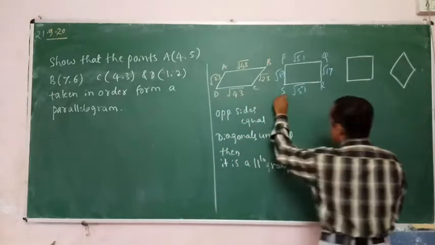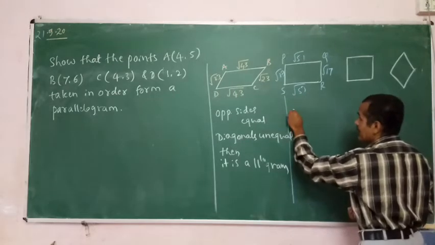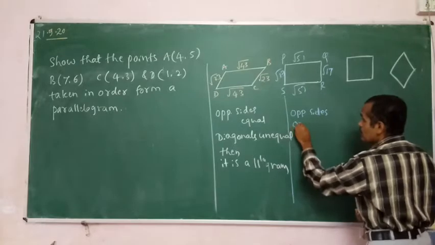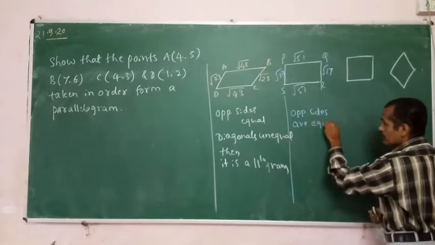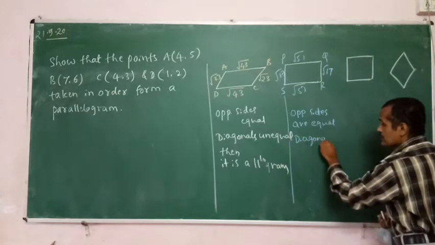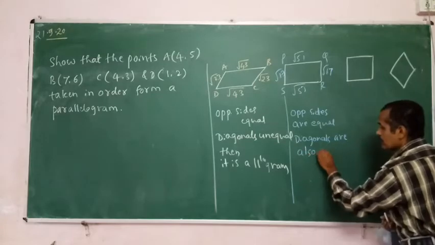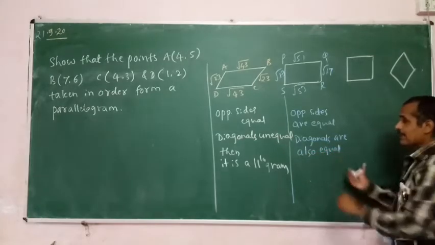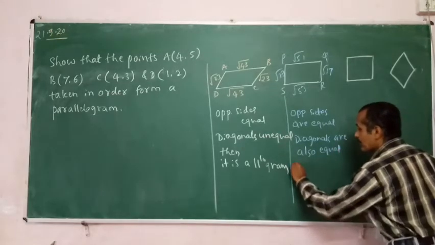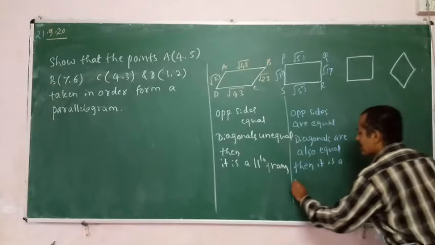If you come to rectangle, I can say opposite sides are equal, diagonals are also equal. Here diagonals are unequal, there diagonals are equal. Therefore, then it is a rectangle.